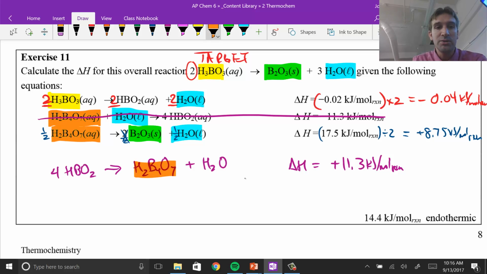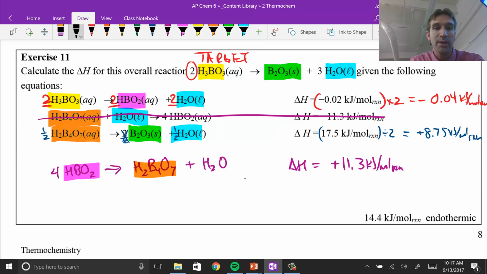I have the H2B4O7 on the left and on the right. We have one more substance that we have to pay attention to. We're going to see this HBO2 is not part of the target equation. But now notice I have it on the left and the right, so it would cancel out. The problem that we still have to deal with is the coefficients in this second equation.